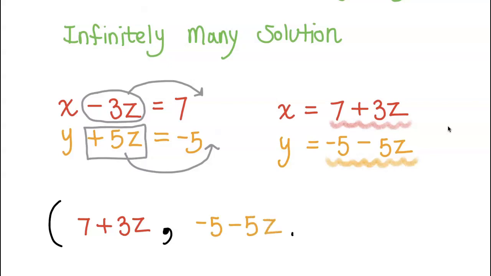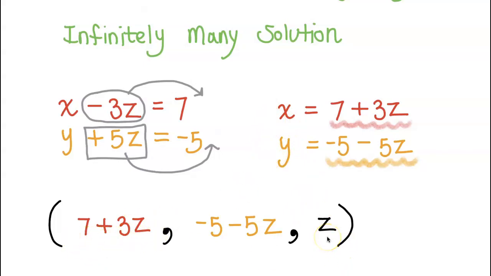And now, what about z? Well, z can be anything they like, so we're just going to tell them z for z. So what's happening is, if they pick any z, then in order to find the corresponding x and y values, they will need to just follow these rules that we give them.